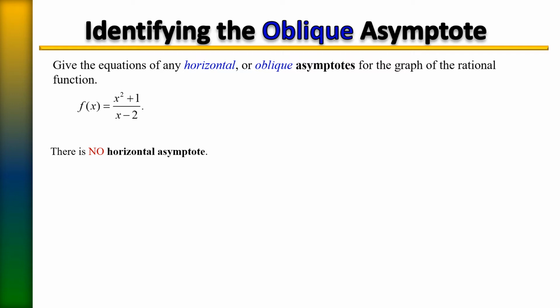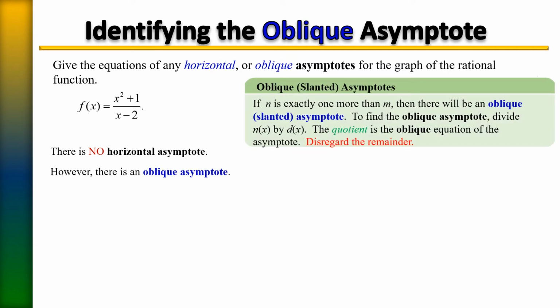So there could be an oblique asymptote if the top is 1 degree higher than the bottom, and that is the case here. So again, the guidelines are if n, the degree of the numerator, is exactly 1 more degree than the denominator, then there will be an oblique or slanted asymptote.